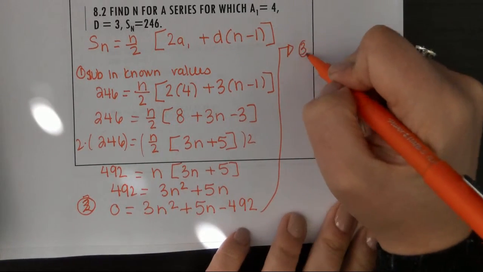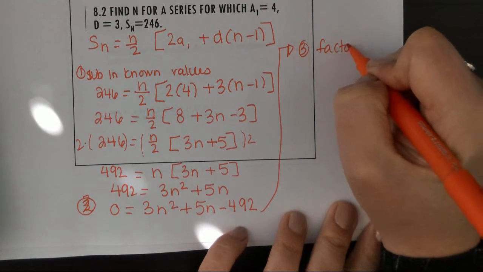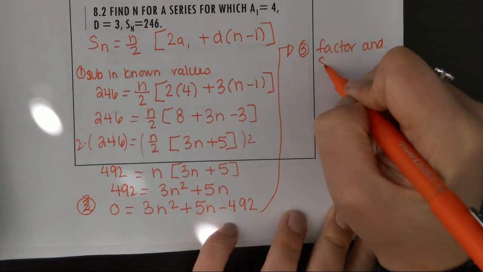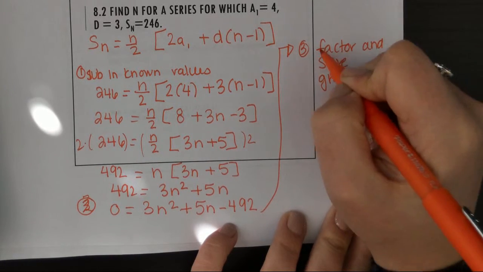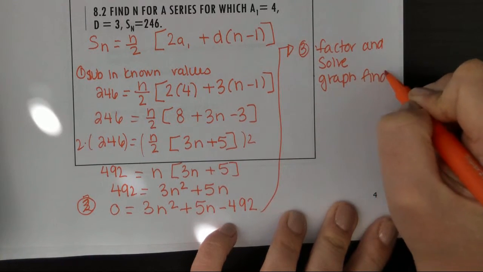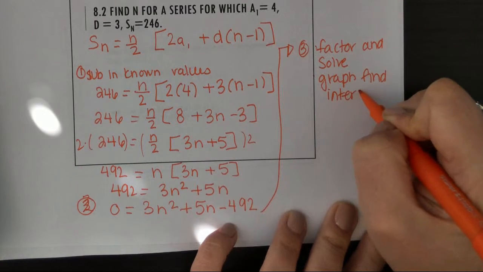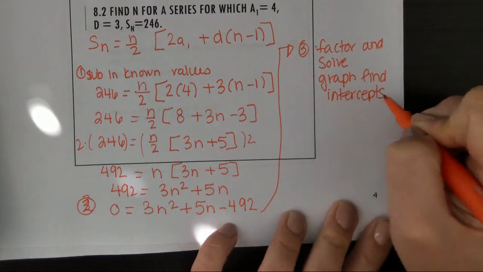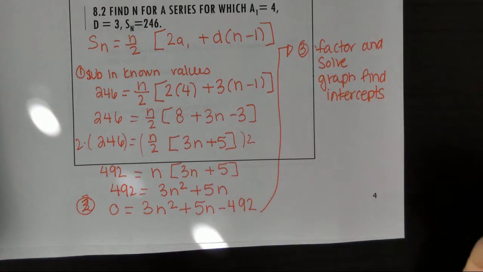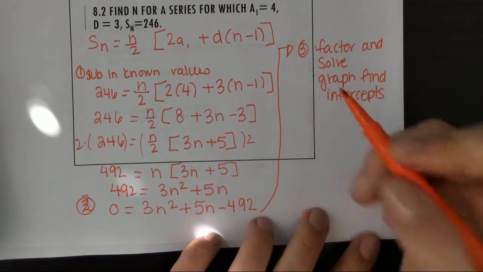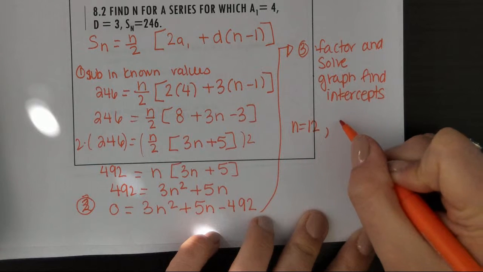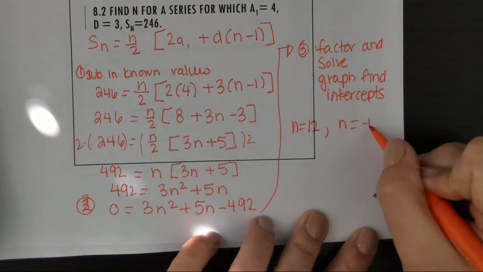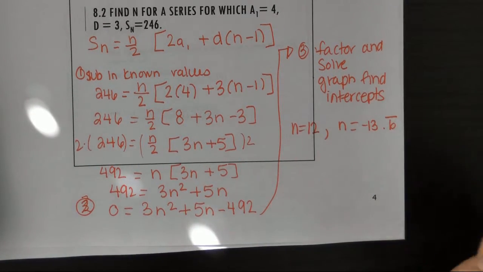Our third step would be to factor and solve, or you can graph and find the intercepts. Regardless of which way you do it, you're going to get 2 different answers: n equals 12 and n equals negative 13.6 repeating.